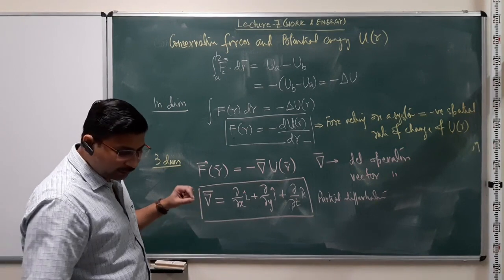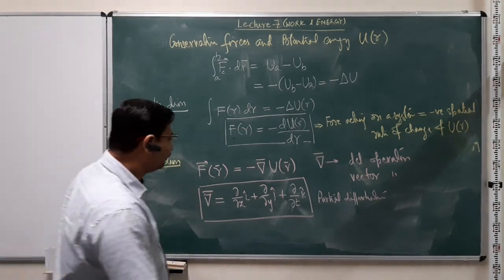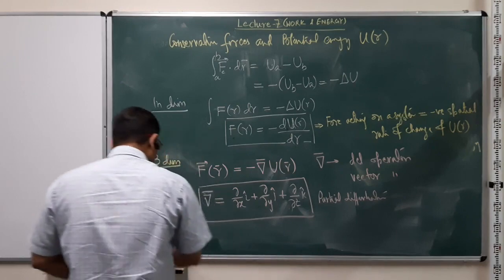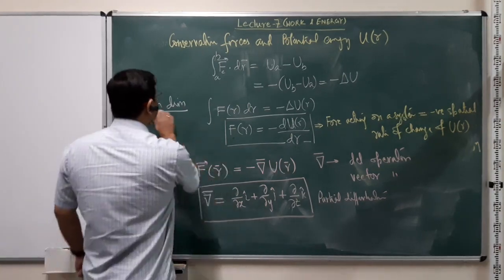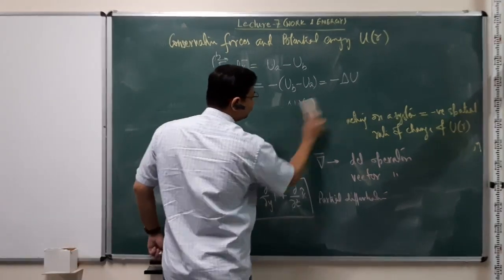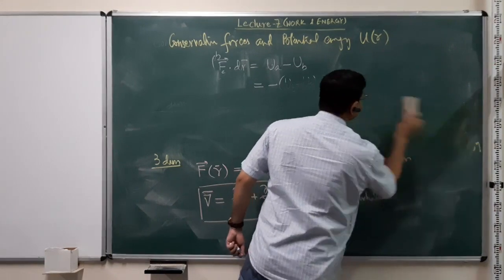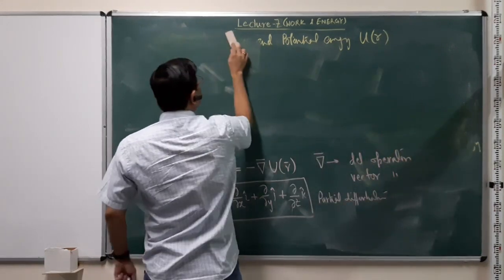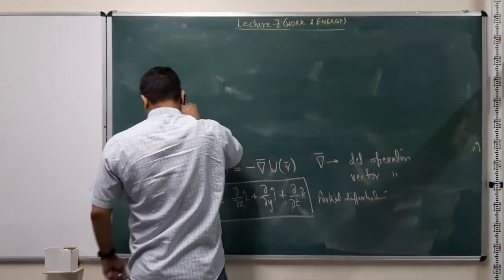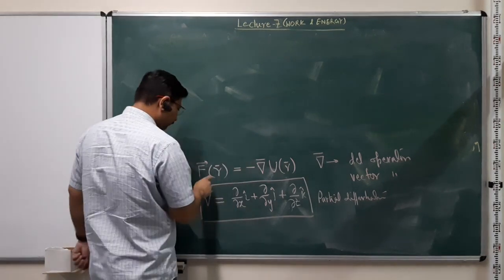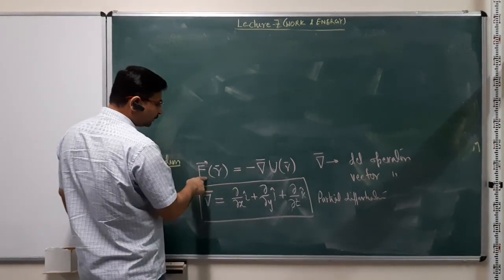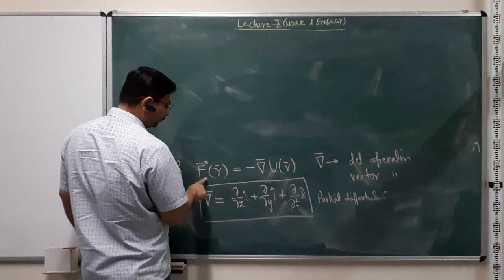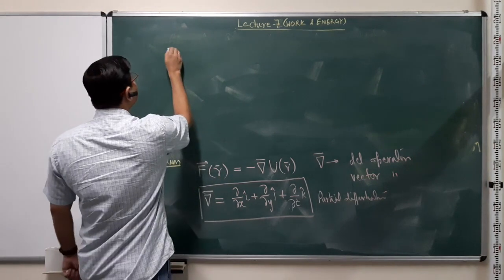Now, another important thing that we have to note down is, or maybe we will note it down after one more step. So let's write down this. Since we have written this in component form, we can again write this vector also in component form.